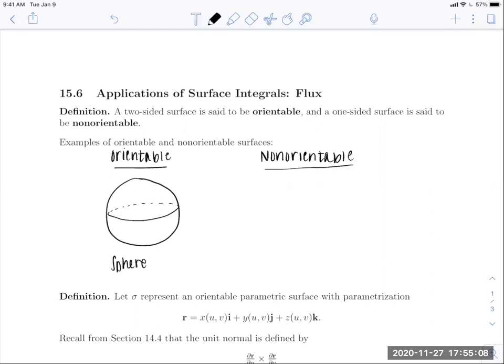Probably the most common non-orientable surface is the Mobius strip. Start by drawing an X, but make sure that one side goes behind the other so you can see that gap there, and then connect it around, and it looks like a rubber band with a half twist in it.